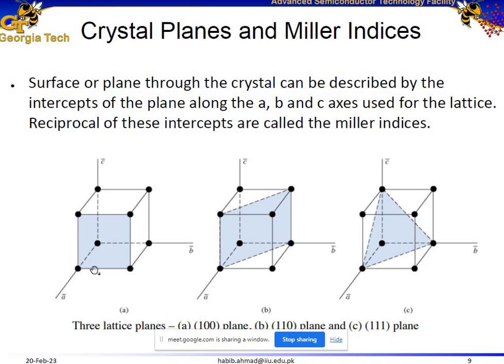Now consider this grayed area, consider this plane. Does this plane intersect the z-axis? What do you think? Does this plane intersect the x-axis? What do you think?